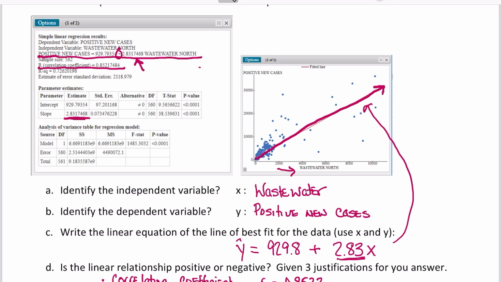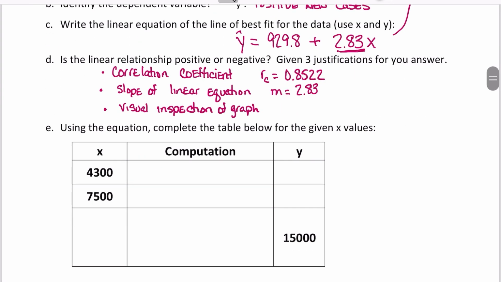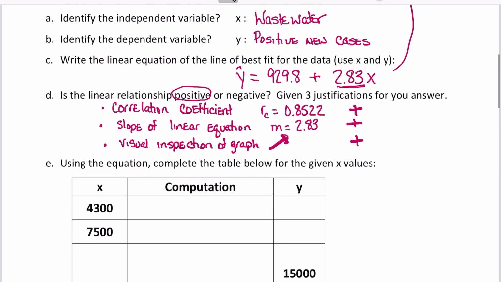So when I look at this, my correlation coefficient was positive. My slope of my linear equation was positive, and my visual inspection of my graph, this is a positive relationship. As I go up with X, I head up with Y. So I would say the relationship is positive.